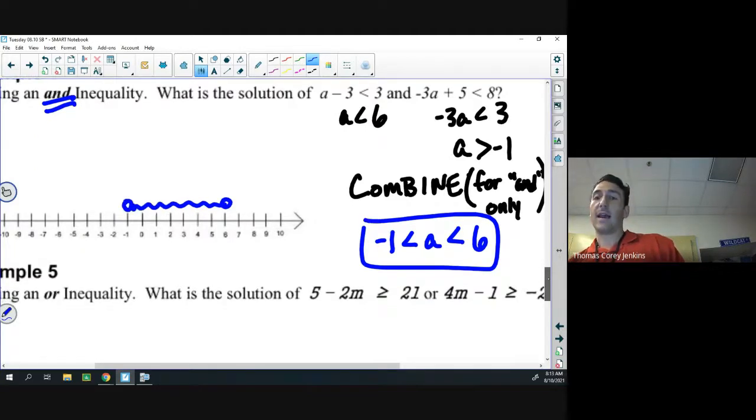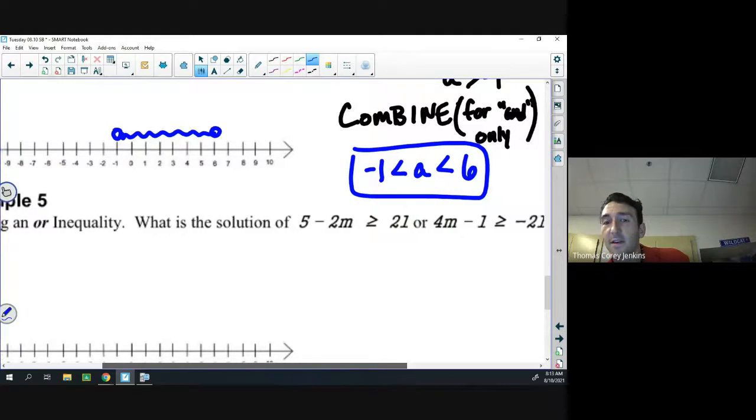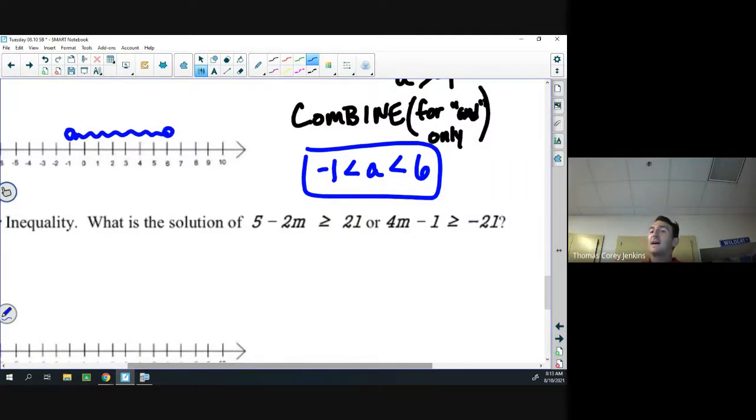All right. Anyways, let's do an or together, and then you all will try one to finish it up. So this one says, 5 minus 2m greater than or equal to 21, or 4m minus 1 greater than or equal to -21. So let's go ahead and solve both. Minus 5 to both sides. On the left one is going to give me -2m greater than or equal to 16.